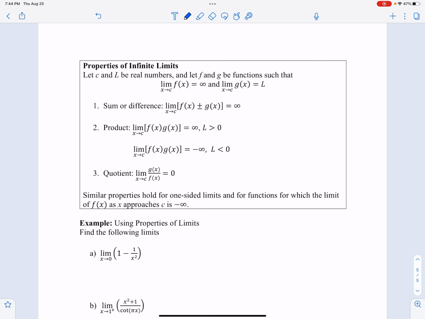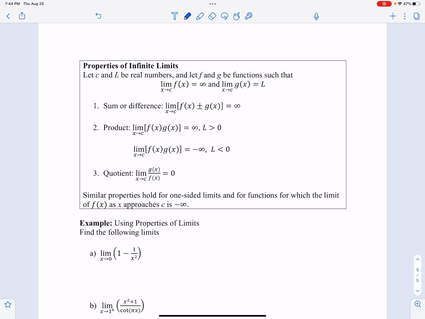So if you are adding or subtracting functions, like you have a function that you can think of as a sum or difference of functions, and one of those functions is approaching infinity, then that means the entire function is going to approach infinity or negative infinity. It works the same for negative infinity.